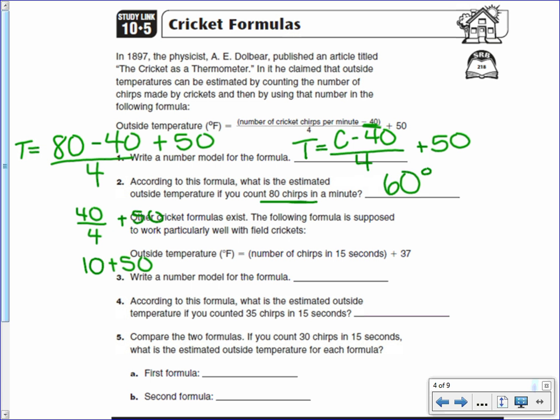Don't forget the F, because it might be Celsius. Yep, T equals 60. So if you heard a cricket chirp 80 times in 1 minute, the temperature outside is going to be about 60 degrees.